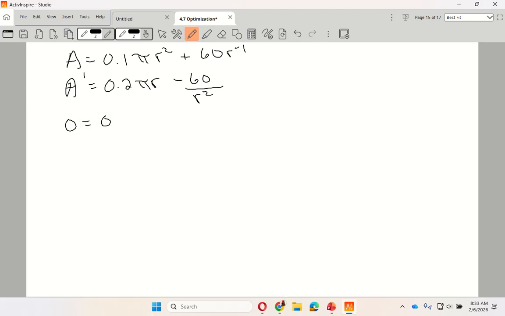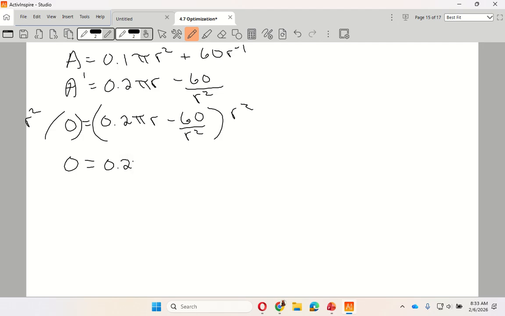So 0 equals 0.2 pi r minus 60 over r squared. Multiply everything by r squared. As I distribute that, I'm going to get 0 equals 0.2 pi r cubed minus 60.